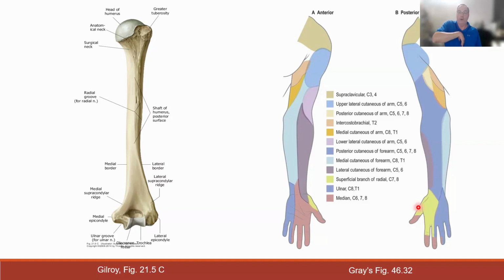A couple of quick, safe ways to assess the integrity of the radial nerve: let's check the sensation on the dorsum of the hand on the thumb side. And the other thing we could do, with their upper extremity stabilized, is ask them, can you bring your knuckles up towards the ceiling? Can they extend the wrist? If we find both of those compromised, then we would be really suspicious of a radial nerve lesion.